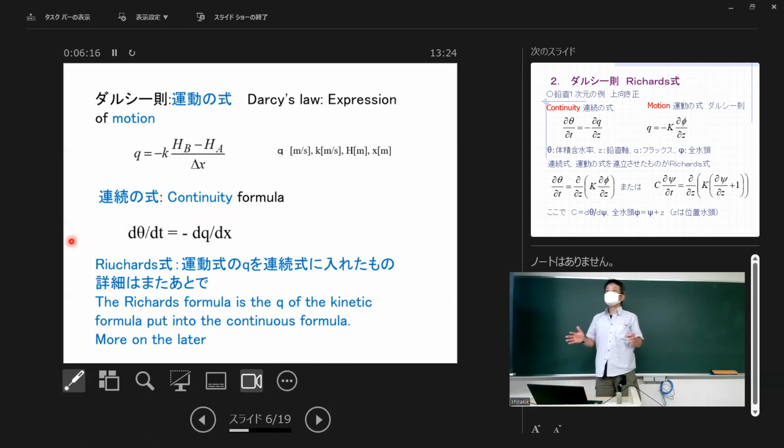That is the continuity formula. まあ、連続の式ってことなので、なんかこう湧き出てきたりとか、どっかで消えちゃうとか、そんなことなくて、流れてった水はどっかにあるよ。continuity というふうなやつです。で、まあ、これとこれを合わせるとリチャーズ式になるんだけども、まあ、そういうことでちょっと覚えておいてください。And Richards equation means the combination of Darcy's law, Darcy's equation, and the continuity formula.